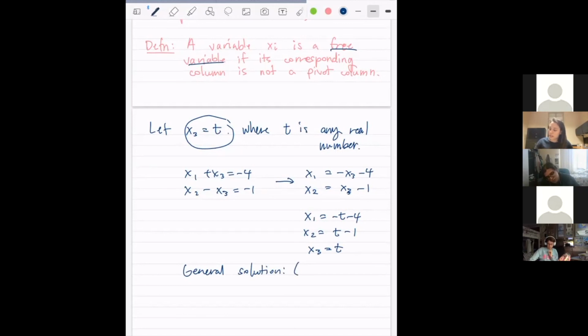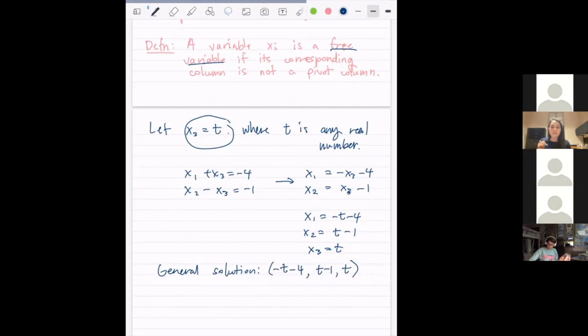We'll write this as minus t minus 4 for x1, right? So we're writing it as a solution as we normally do, but instead of having numbers, we have these things that depend on t. Okay. So that is going to be how we write down the solution in this case.